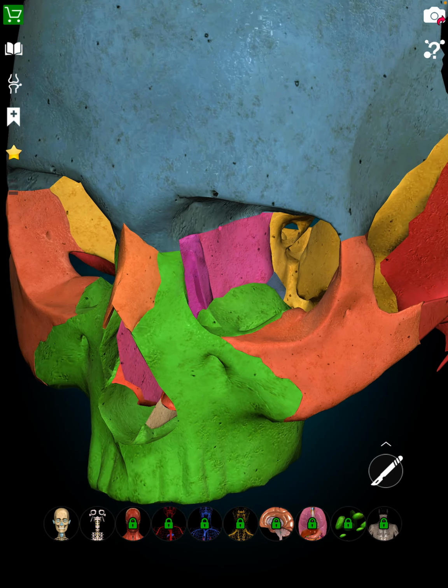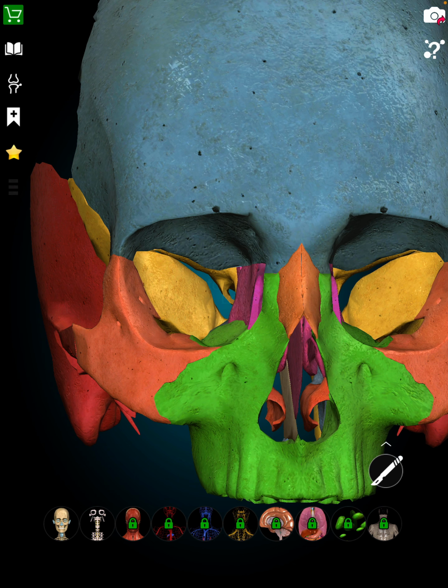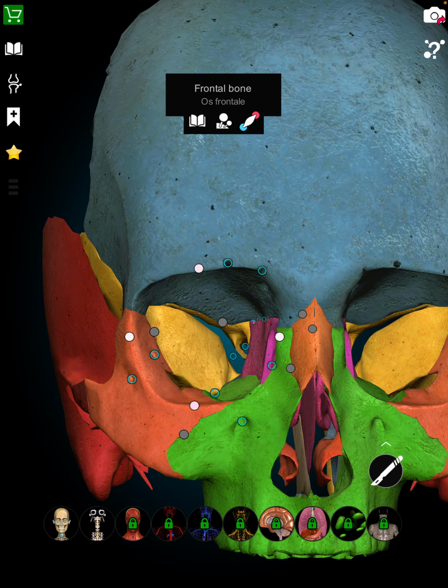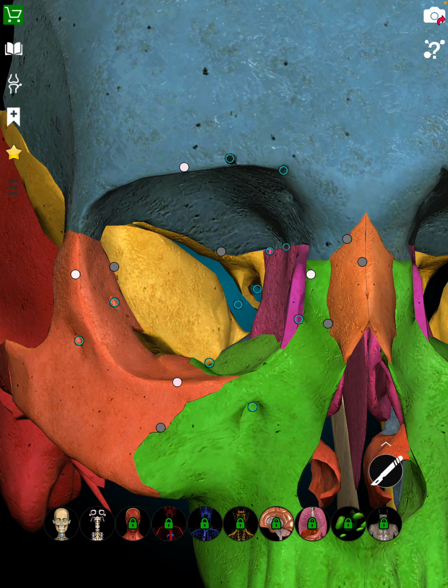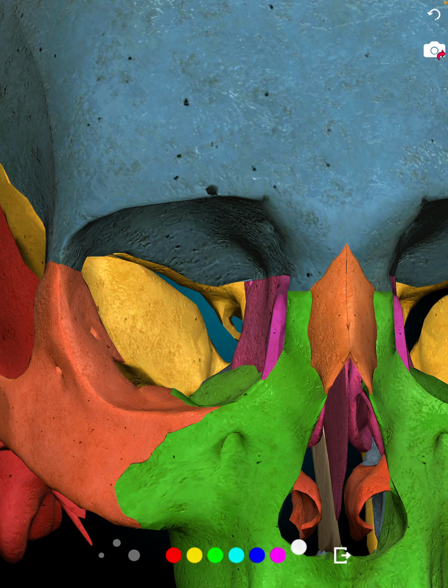So we have already seen all the walls of the orbit. Once again, just a quick revision. Superior wall is made by your frontal bone, right? And the lesser wing of sphenoid bone. Okay, so superior wall by the frontal bone, lesser wing of sphenoid.